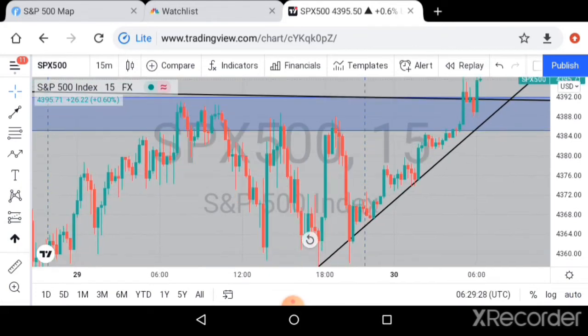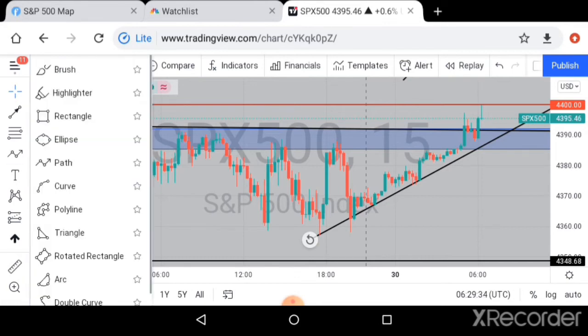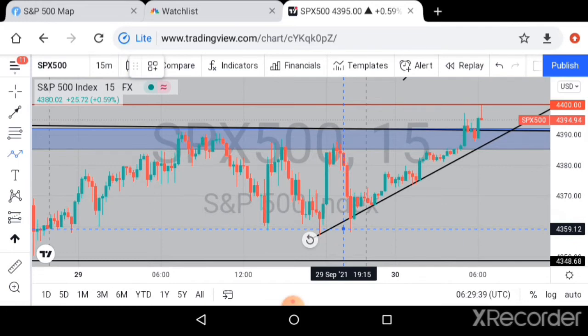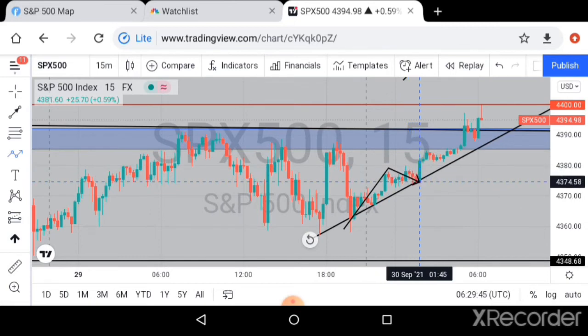Now we are on a 15-minute time frame. Now look at this, if it makes sense. Then we have a move to the upside, got a bit of a correction.